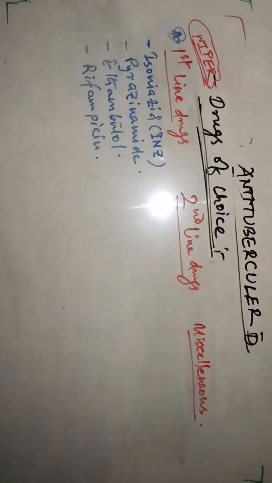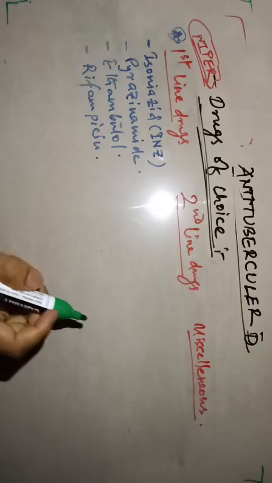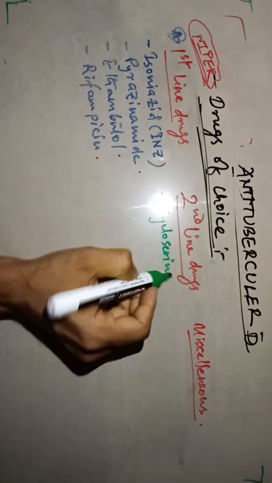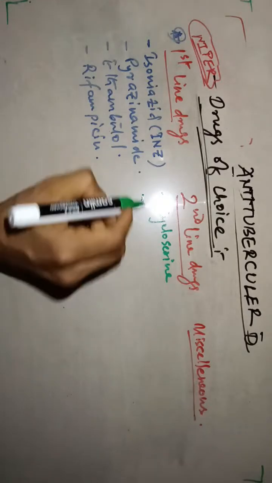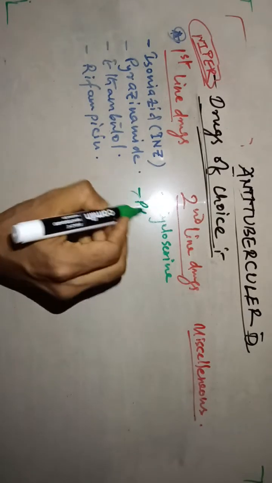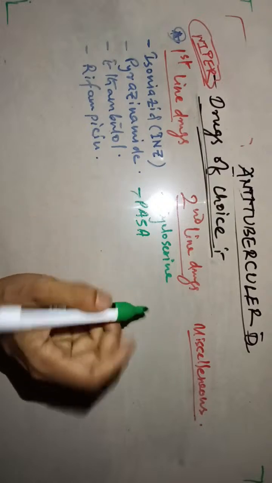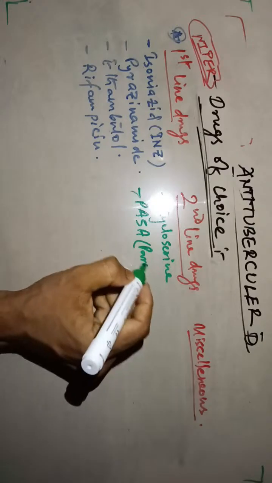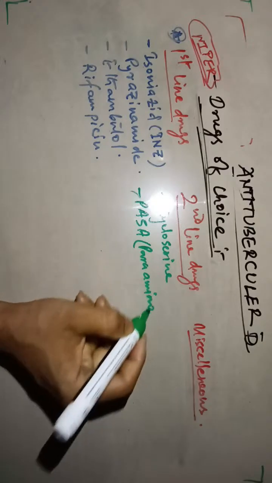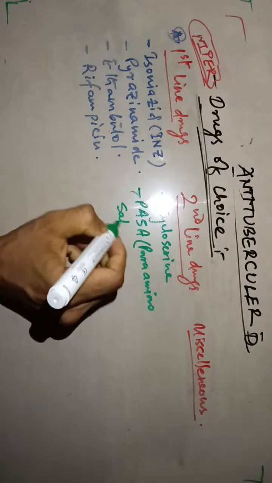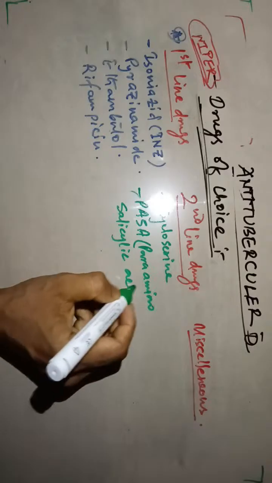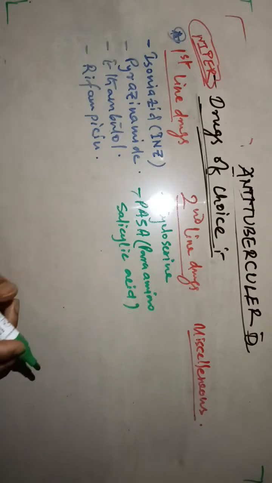Next, what are the second line drugs? Second line drugs are cycloserine, PASA, and ethionamide. What is PASA? PASA is para-aminosalicylic acid.